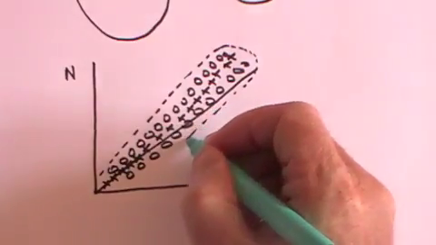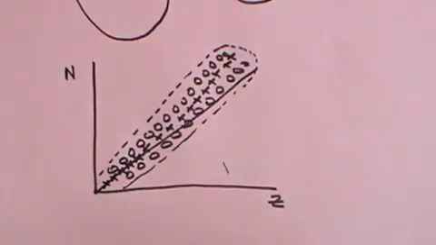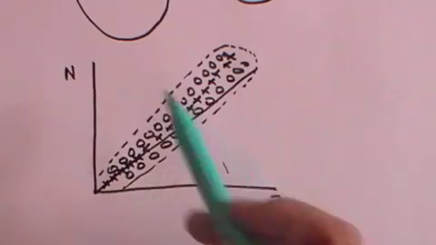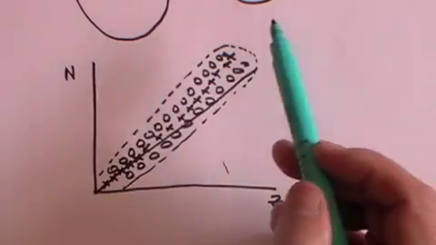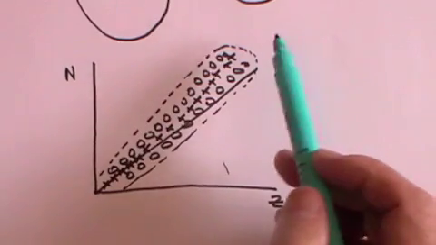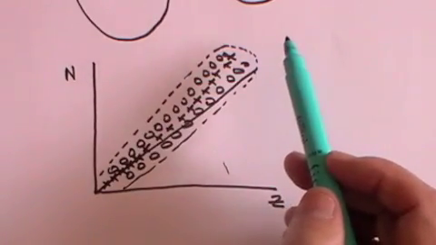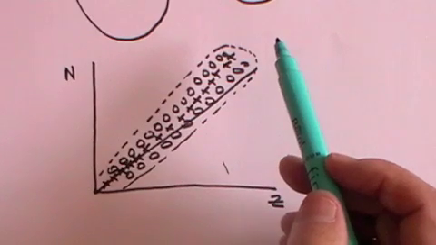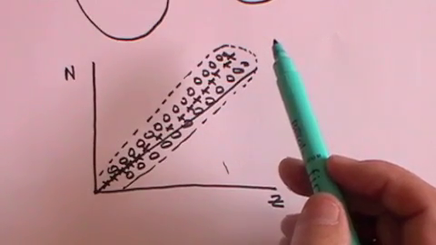This is nothing more than a container. And that dotted line shows you all the nuclei that you can find naturally occurring. You don't find any here. You don't find any here, and you don't find any above this point here. And what we're going to ask in this video is why?